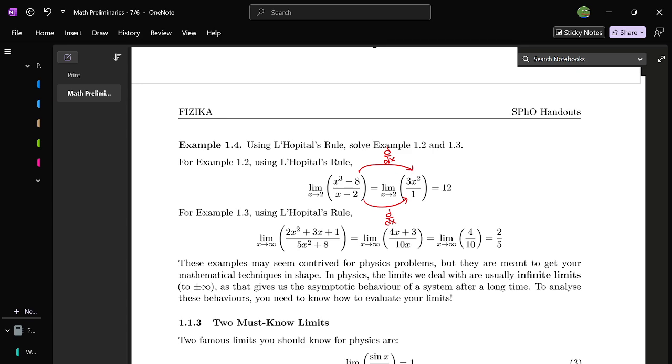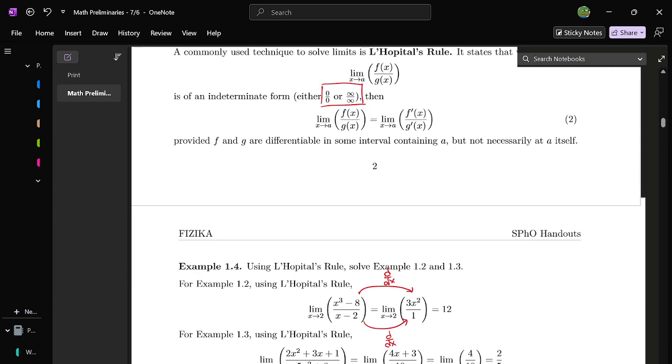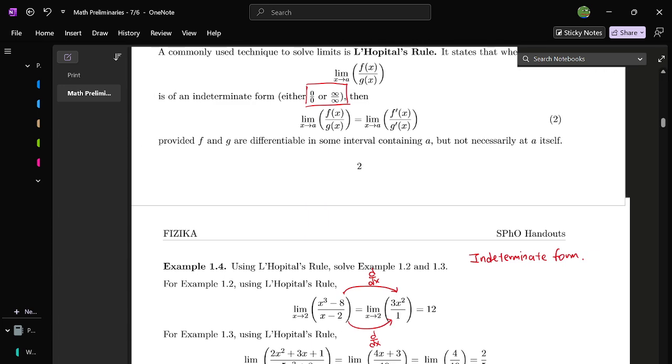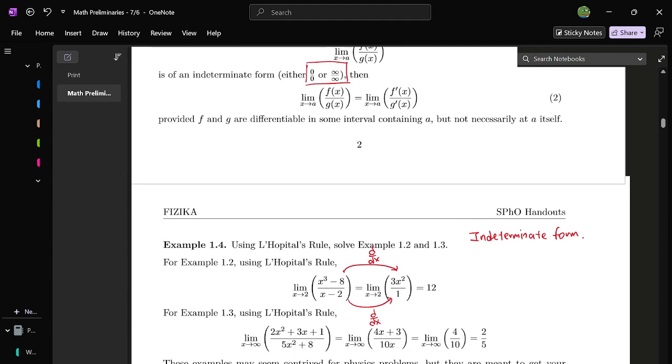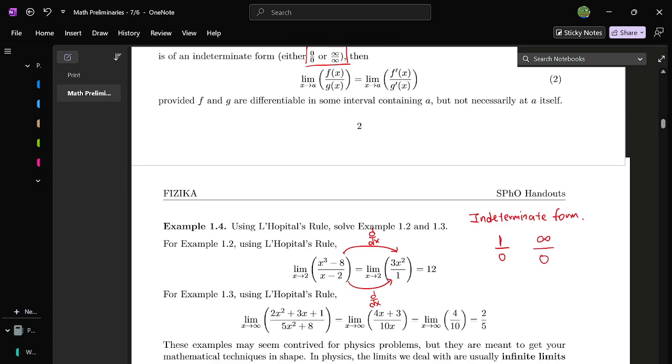Now the tricky thing about this is that you can only use this if you have an indeterminate form. Sometimes you might fall into the trap of having forms such as 1 over 0 or, let's say, infinity over 0, something like that.